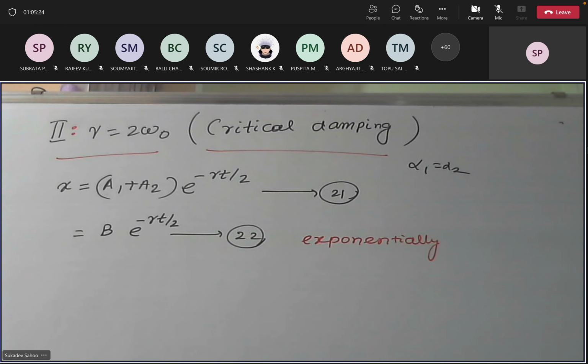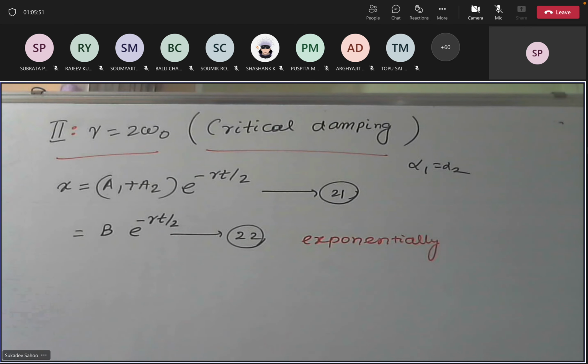The motion is non-oscillatory. In the first case also, we have seen it is non-oscillatory. And the time taken by the oscillator to return to its initial state depends upon gamma, that is the damping factor. This motion is known as critical damping, and it is aperiodic.